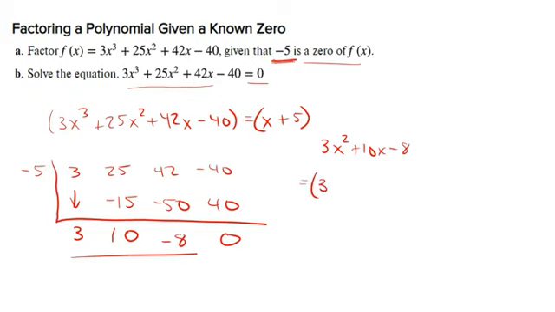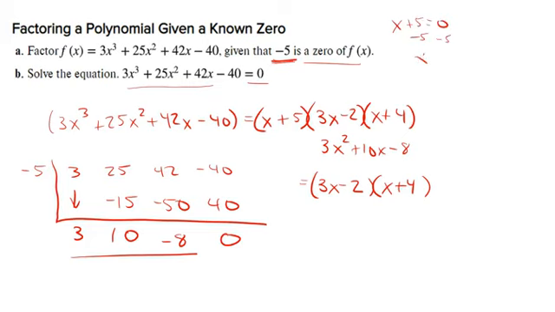This will factor to 3x minus 2 and x plus 4. And so now our three factors are x plus 5, 3x minus 2, and x plus 4. And to find the zeros, we can take each one and set them equal to 0. X plus 5 equals 0, means x equals negative 5.